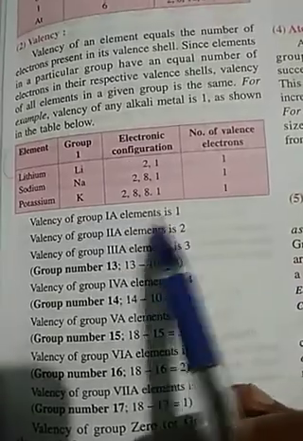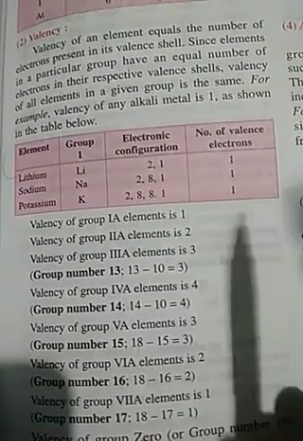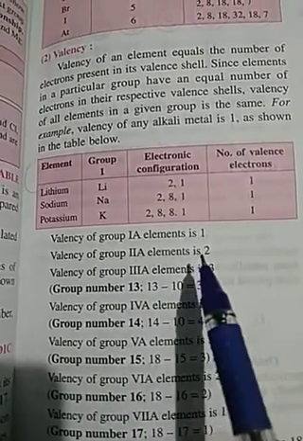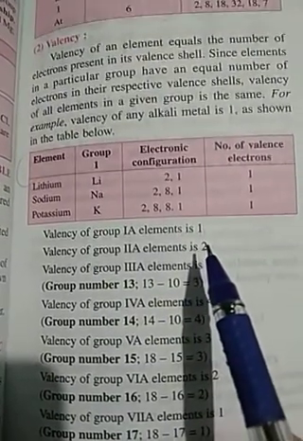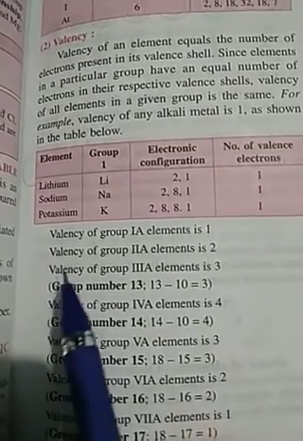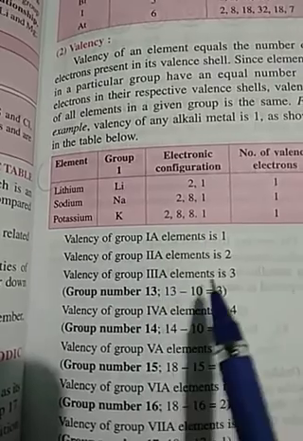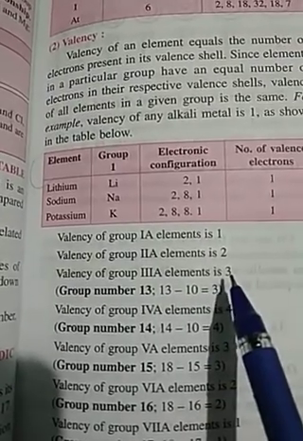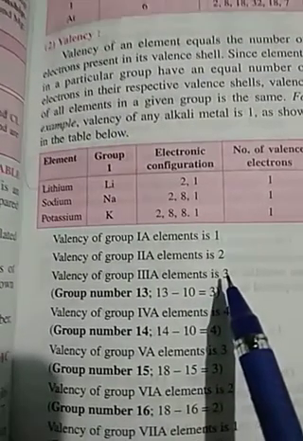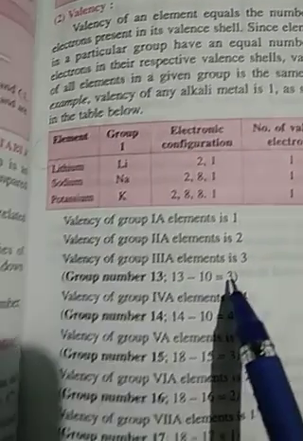Group 1, one valence electron, it can donate only 1 electron, valency will be 1. Group 2 elements, 2 valence electrons, will lose 2 electrons, valency will be 2. Group 3A or 13, they have 3 valence electrons, they will lose 3 electrons, so valency will be 3.